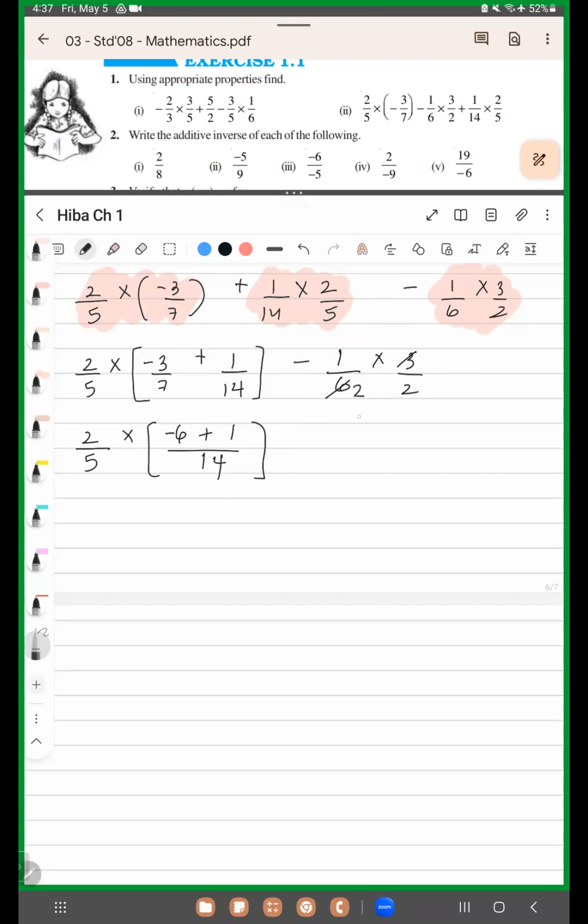Why can't we cancel them? Yeah, we can. See over here, these both are being multiplied with each other, no? So we can easily cancel them. 3 twos are 6. Is it clear? Yeah.